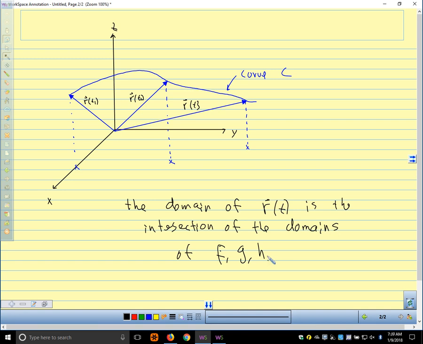For example, f is t, g is t squared over t minus 1, and h is natural log of t. Wherever those three domains intersect is going to be the domain of the vector valued function. So you have to be able to plug your parameter into all three component functions.